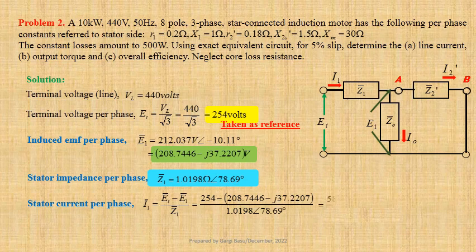That gives us 58.5955 at an angle 39.436 degree divided by 1.0198 at an angle 78.69 degree. That is equal to 57.5757 ampere at an angle minus 39.254 degree.